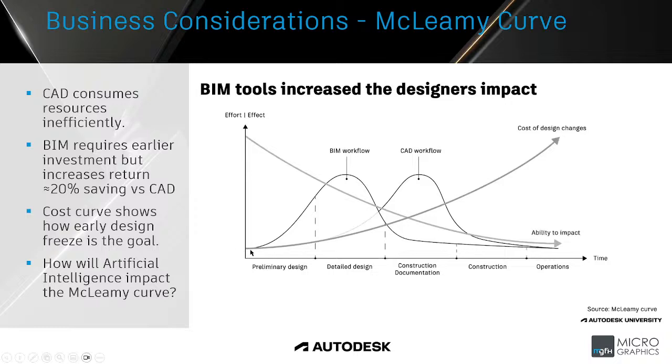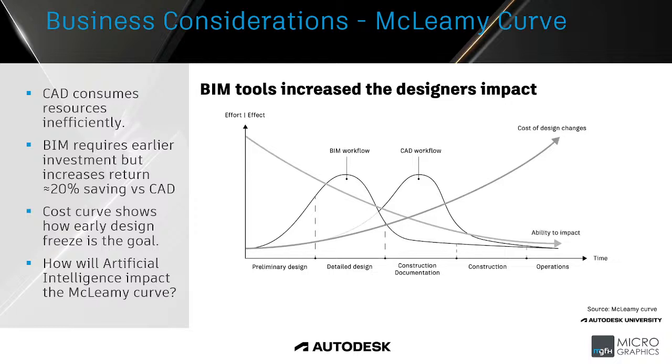So the client's involvement is very important during the preliminary design until the design freeze, and then from the operations until they are operating that building for the next, for argument's sake, 60 years.